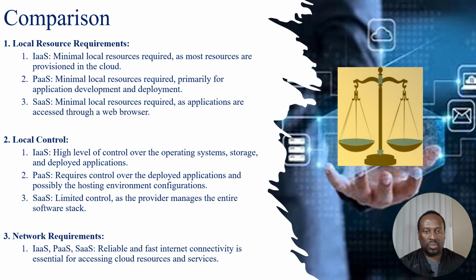Local control. Infrastructure as a service requires a high level of control over the operating systems, storage, and deployed applications. Platform as a service requires control over the deployed applications and possibly the hosting environment configurations. Software as a service requires limited control as the provider manages the entire software stack.